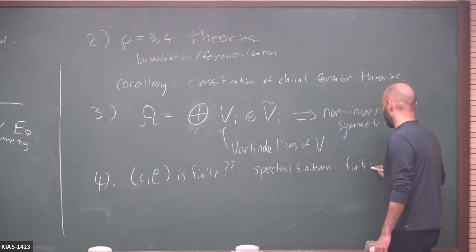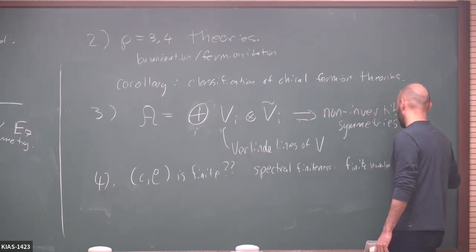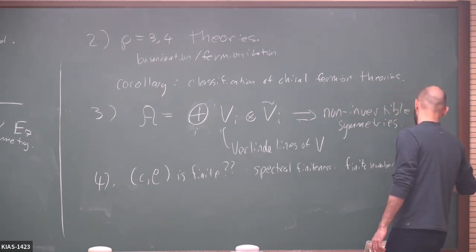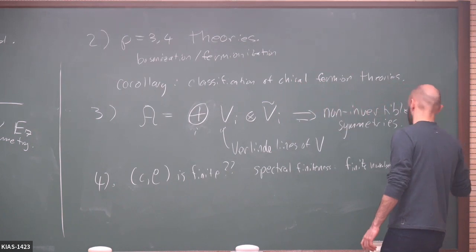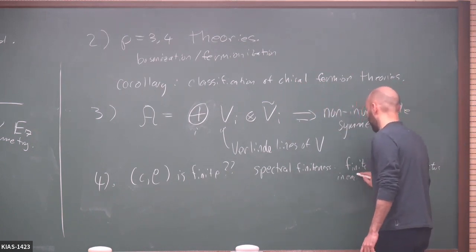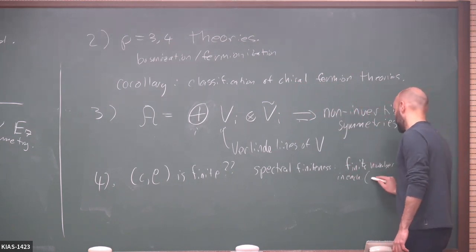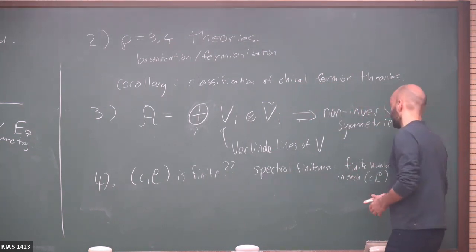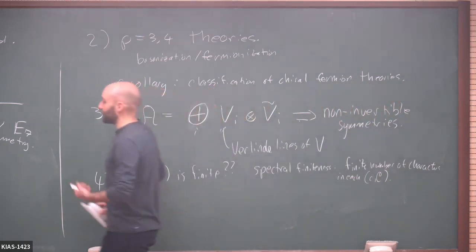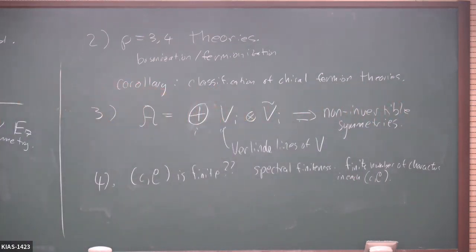It says that there are a finite number of characters in each genus, so a finite number of admissible spectra in each genus. If you prove this and you also prove that there's only a finite number of theories which are isospectral to one another, then you will have proved the entire conjecture.